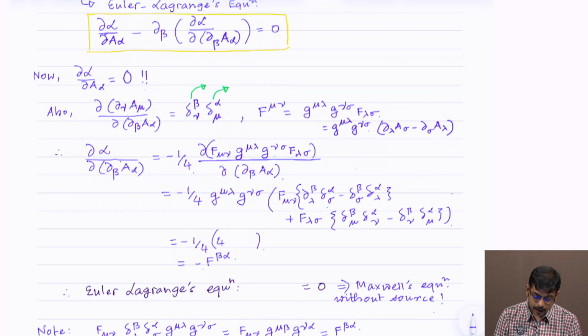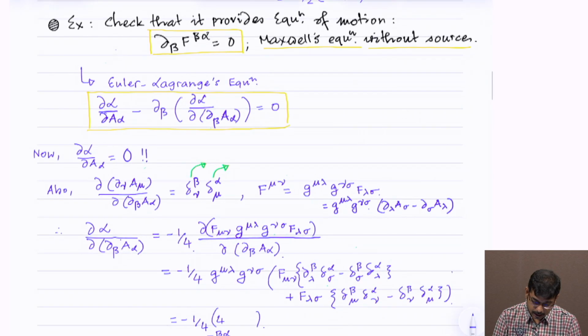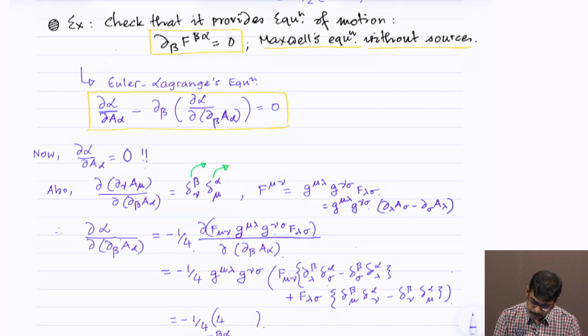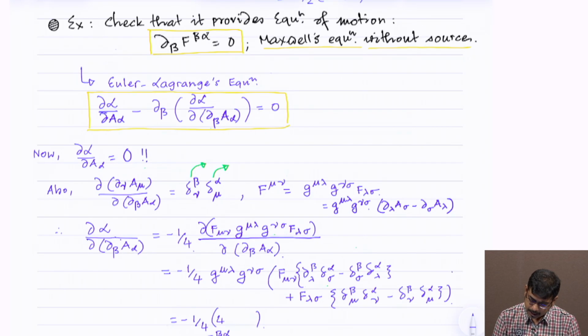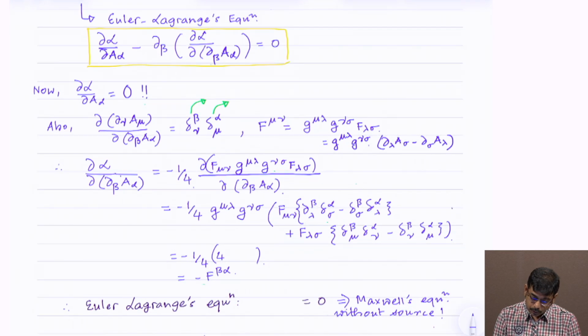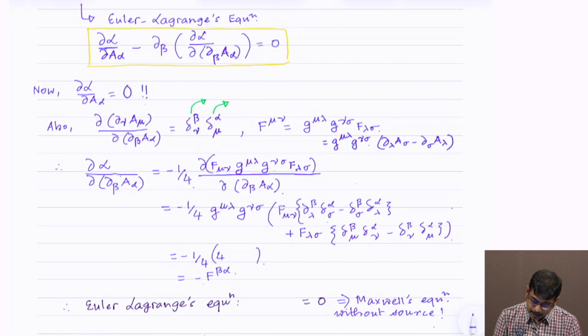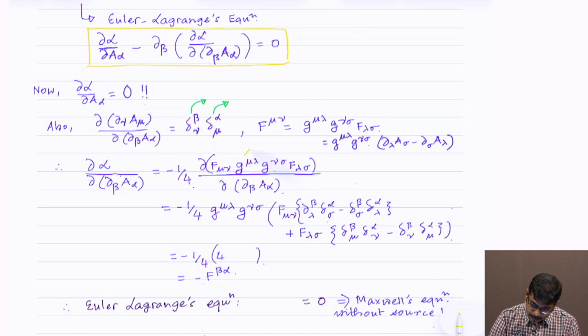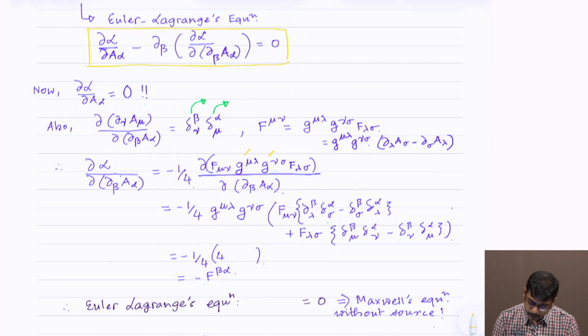From the definition of the Lagrangian, this is minus 1 by 4 del beta A alpha of f mu nu, and that f mu nu contravariant is replaced by g mu lambda g nu sigma f of lambda sigma, right. So, this derivative del beta A alpha is definitely not going to act on g mu lambda and g nu sigma, so I can bring them out.